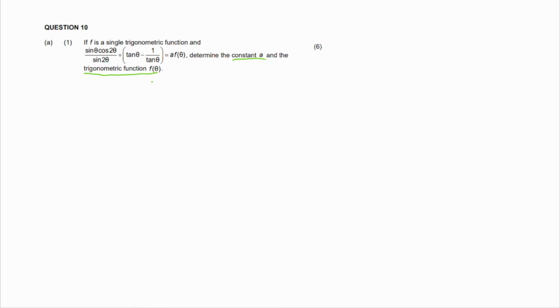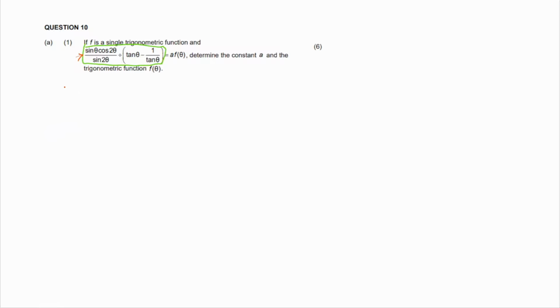So a lot going on over there, but essentially when you've seen this before, you just simplify this thing, and it needs to become a single trig function. Okay, so this question is very wordy, but don't let that bug us over there. Essentially what we need to do is just simplify this thing over here.